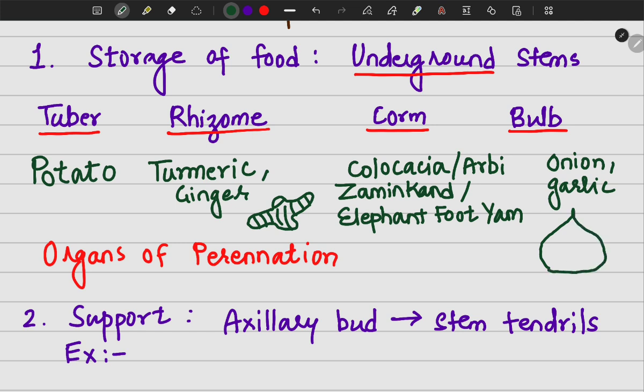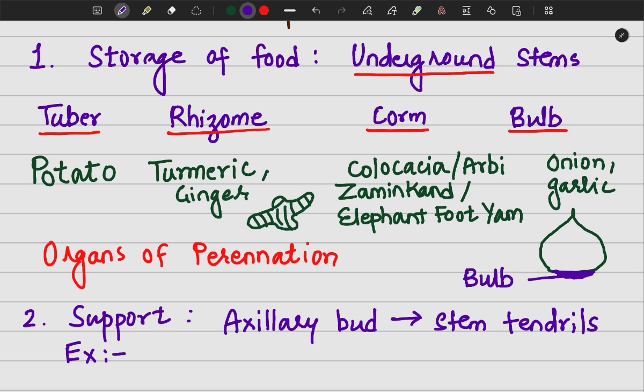If this is an onion, then if you look at the base of the onion, there's a very flattened structure. This short flattened structure is the stem, a modification of underground stem, and it contains reserve food material. So these were all the underground stems which reserve food, with their important examples.